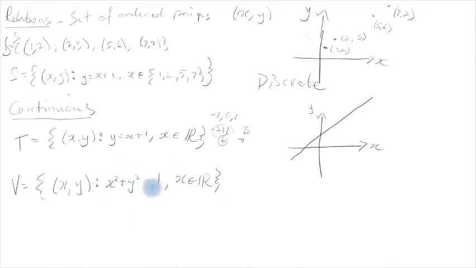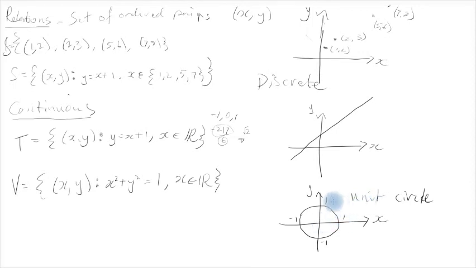It might be interesting to plug this into a calculator if you want to. What this looks like if you plot it is a circle with a radius of 1. In other words, this is a unit circle. It's got a unit radius, so it's called the unit circle. It's a very important thing that we're going to be discussing lots more later in the course.